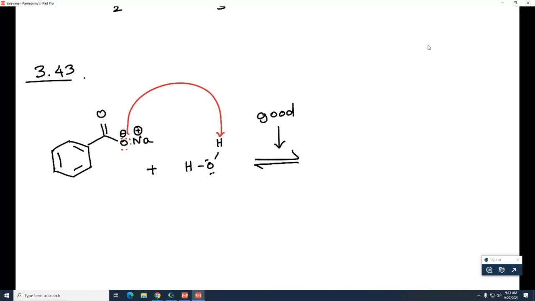Base taking a proton, okay. That's your product, conjugate acid plus hydroxide with a counter ion sodium.